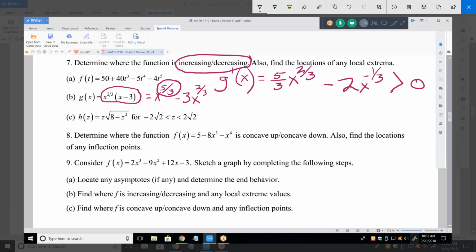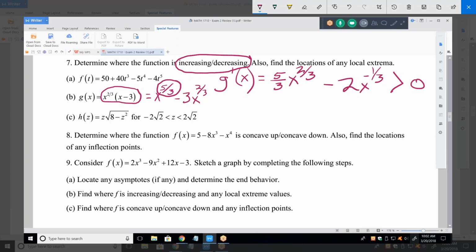Now, I think the best thing to do here, that's not trivial to solve. What are your ideas? How would you solve this? In order to find the critical points, that's the next step.